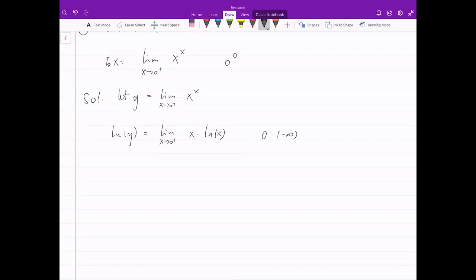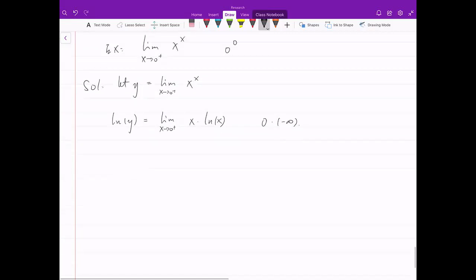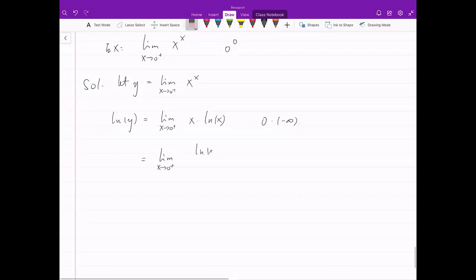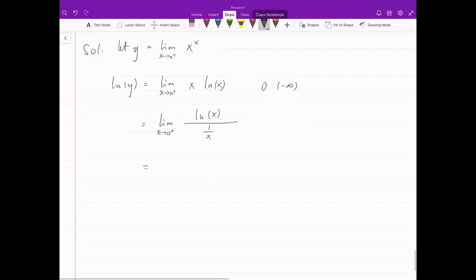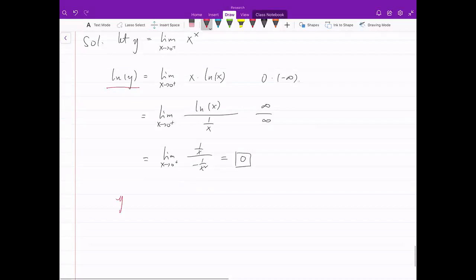Make sense so far? Okay, so just go ahead and try to do it. Infinity over infinity. Actually, it's exactly the same, so I will skip some steps. The answer is 0, which is your ln y. Now, what is y?